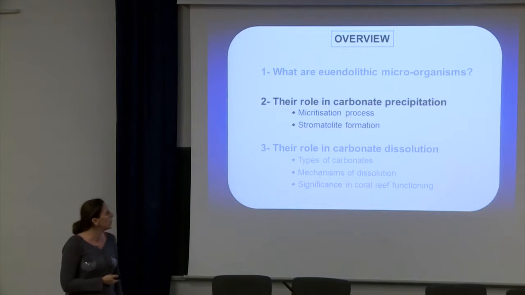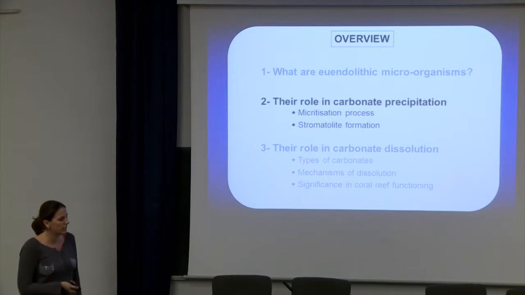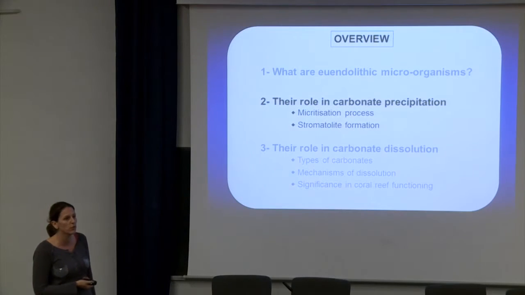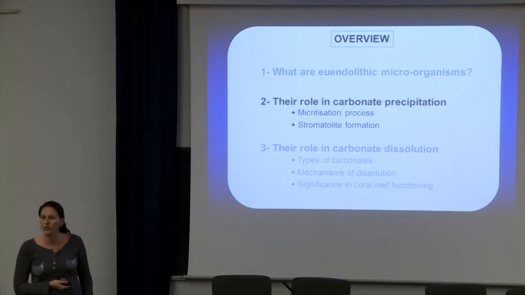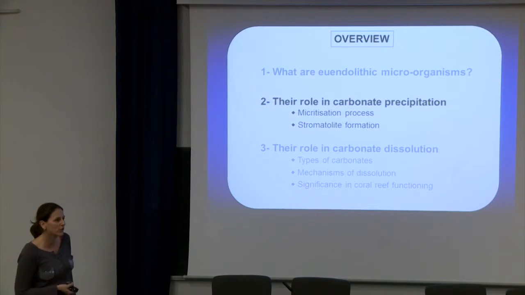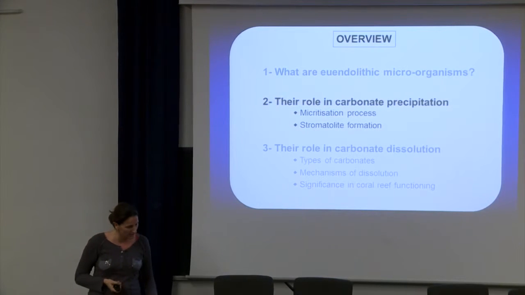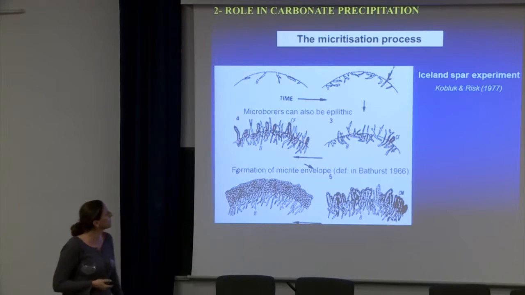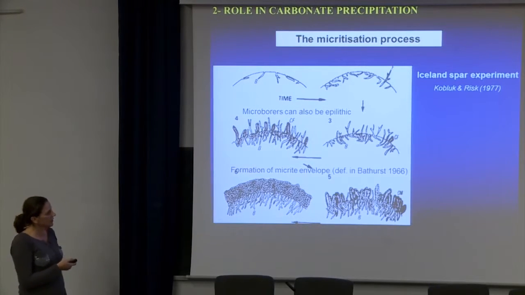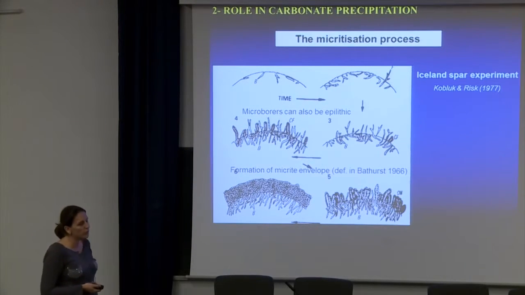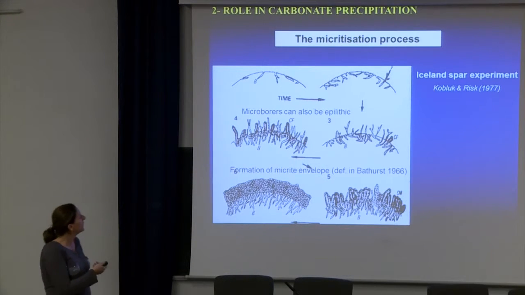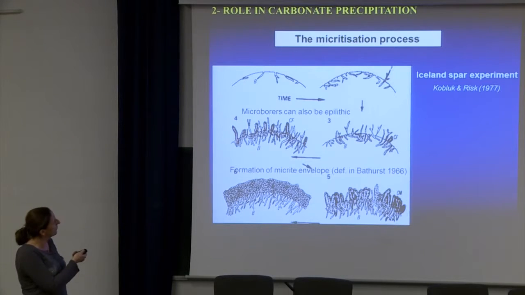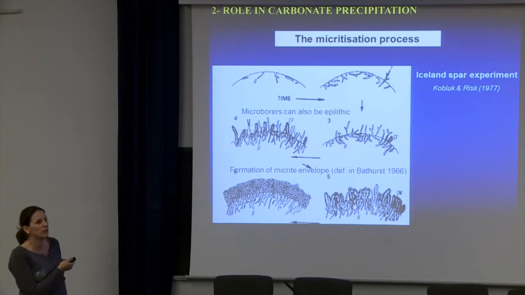So let's see their role in carbonate precipitation with the process of micritization, and a special case with stromatolite formation, and thanks to the previous speaker, because that's really nicely tied together. In the 70s, Kobluk and Risk carried out an experiment with Iceland spar to get colonization by natural communities of euendoliths and see what was going on at the surface.